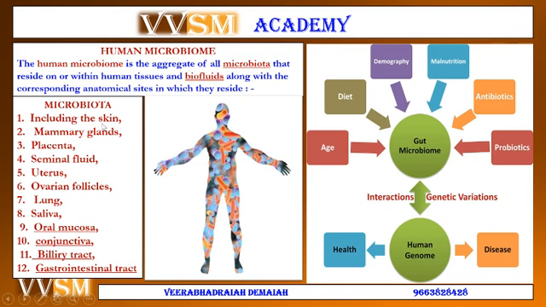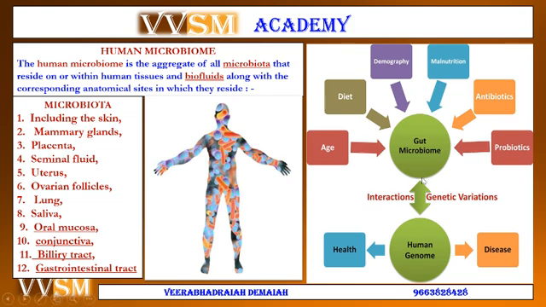Microbiota exist in sites including the skin, mammary glands, placenta, seminal fluids, uterus, ovarian follicles, lung, saliva, oral mucosa, conjunctiva, biliary tract, and gastrointestinal tract.